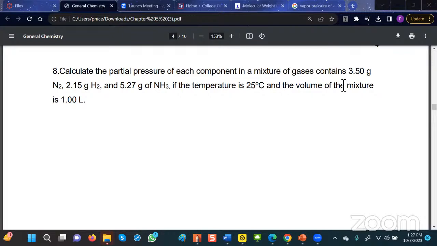Let me see if I can give you a little help or hint. The question is asking for you to calculate the partial pressure of each component, right? So what equation comes to mind when it comes to calculating the partial pressure of each gas in the mixture? What equation comes to mind?